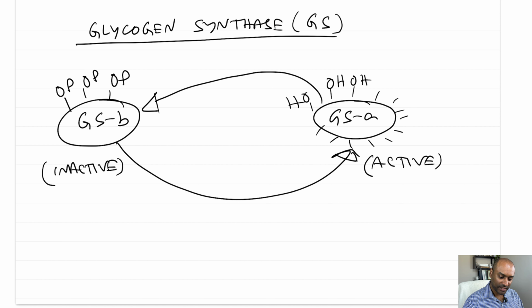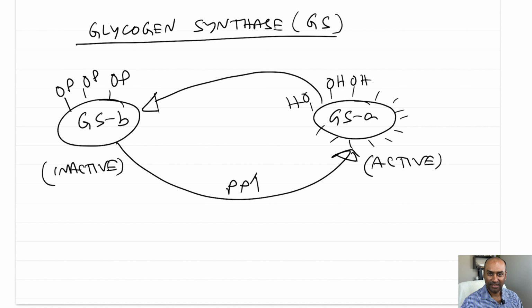So to make the glycogen synthase active from the inactive form, we need a phosphatase. The phosphatase will hydrolyze the phosphates. And under what conditions do we want glycogen synthase to be active? We want it to be active when we are fed. Under fed conditions we have high glucose, high G6P, and high insulin.